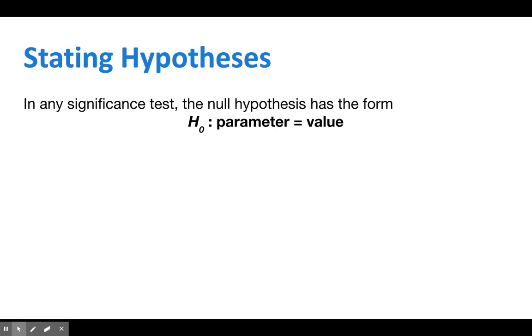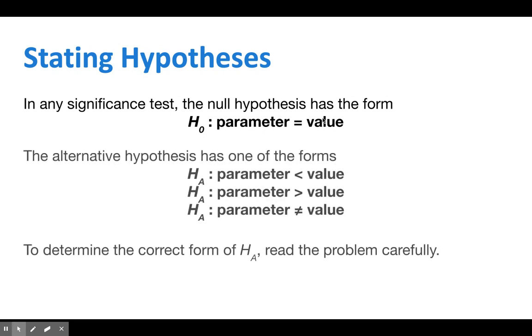So in any significance test, the null hypothesis will have the form that the population parameter equals some value. The alternative hypothesis can take on many different forms depending upon what the claim is. So sometimes it might be that the parameter is less than the value in the null. Sometimes it's greater than, like the one that we just looked at.